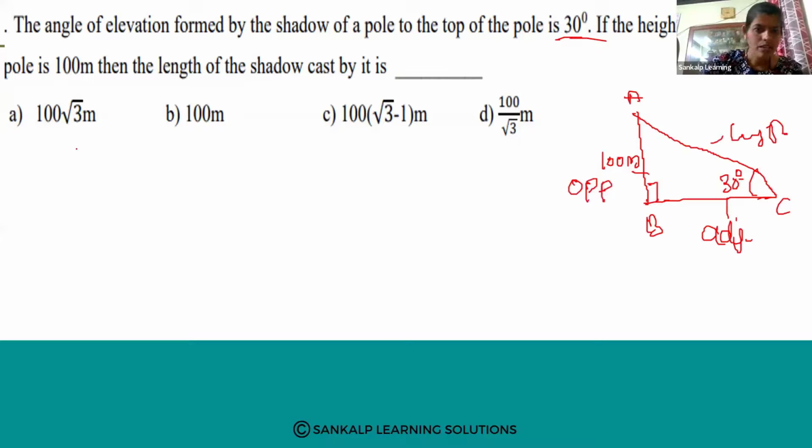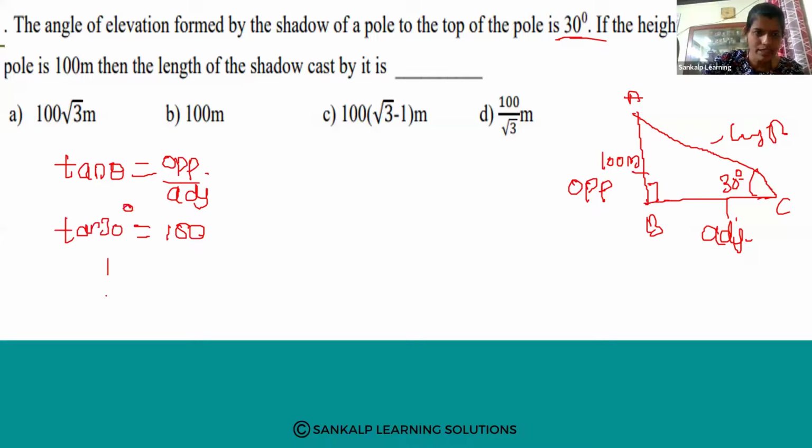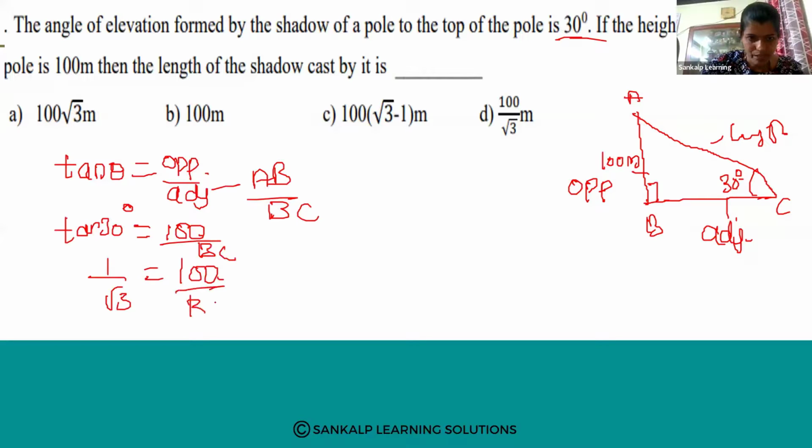Okay, so here also you are going to consider tan theta because opposite side divided by adjacent side. Yes or no? So opposite side value is 100 and theta value is 30 degree. Tan 30 degree is 1 divided by root 3, which is equal to opposite side AB divided by BC.